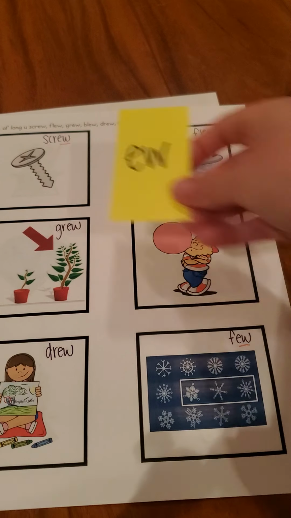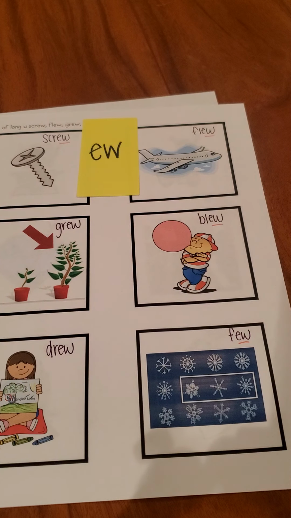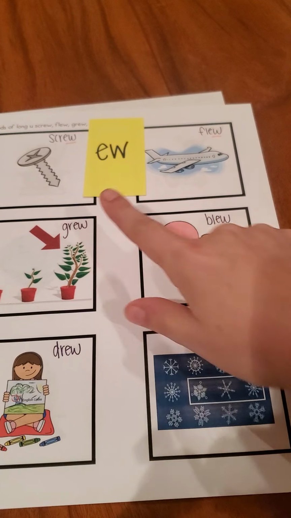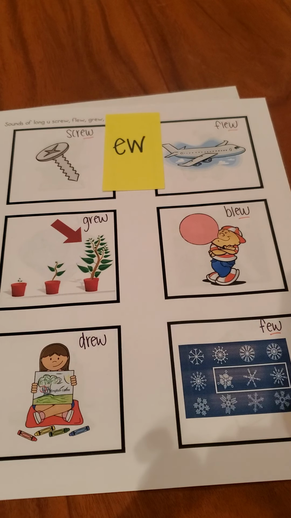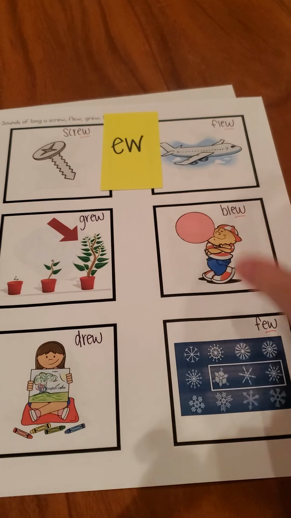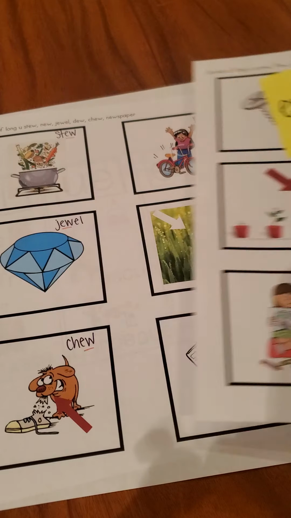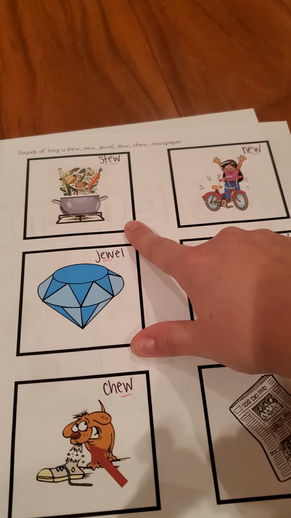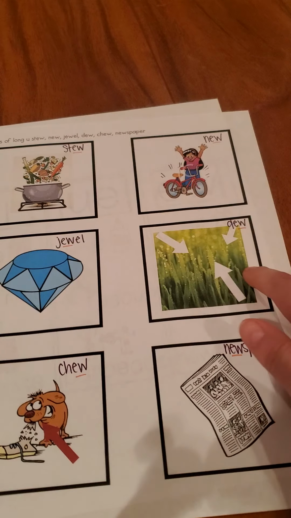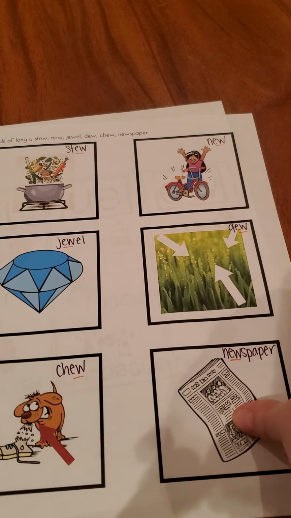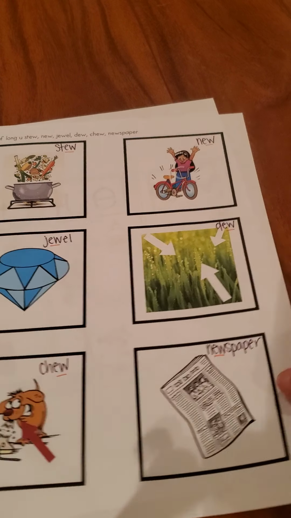And then the last, EW says oo. Some picture examples would be screw, grew, drew, few, blue, flew, stew, jewel, chew, newspaper, do, new. As you can see, a lot of those are towards the end for the most part.